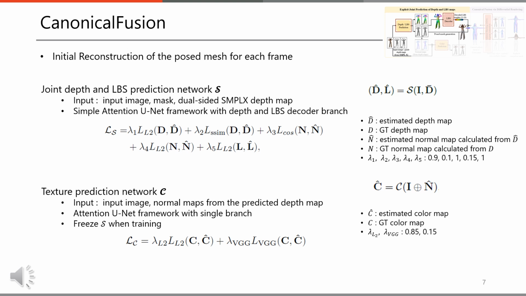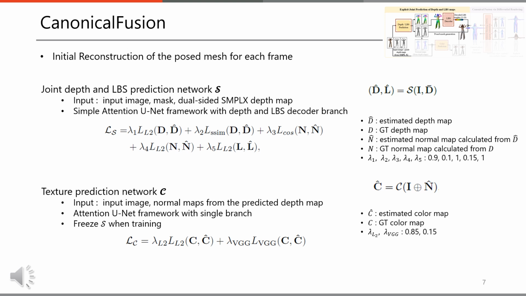After predicting the depth and LBS maps, we also aim to predict the front and back color maps. For the front color map, we use a ground truth color map where lighting effects were removed, so the network could predict a map without lighting influences.